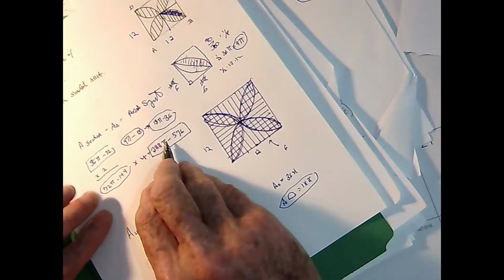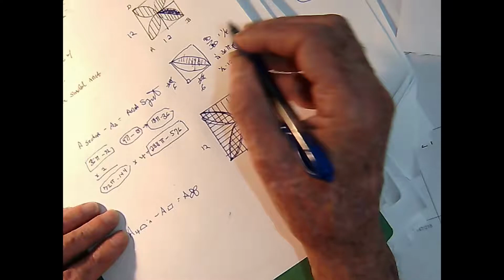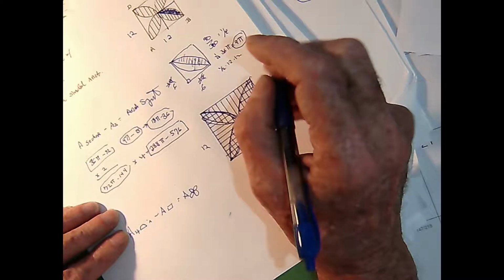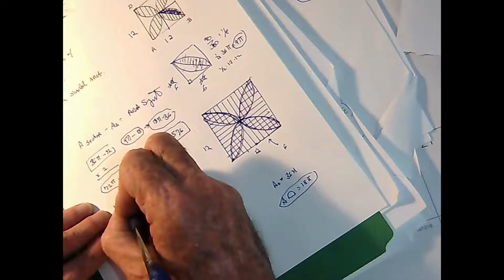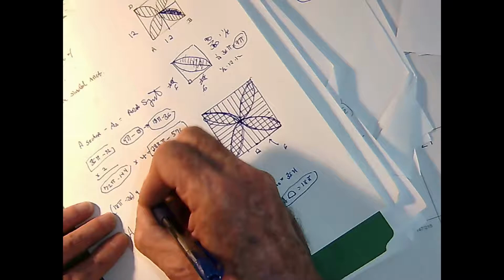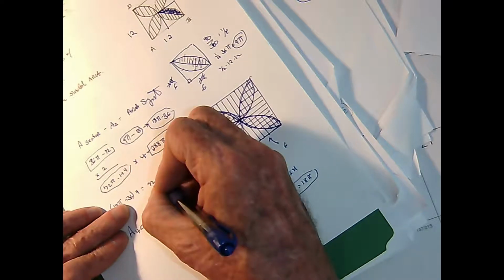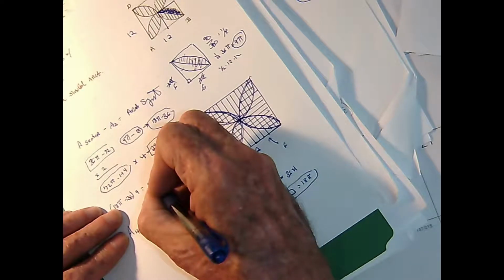I got to reevaluate this. I'm sorry for that error I made. I just missed the radius, which is a thing that happens all the time. So if this zone was 18 pi minus 36 and it's one of 4 equal parts, let me multiply 18 pi minus 36 times 4. And that would give me 72 pi, excuse me, minus 144.